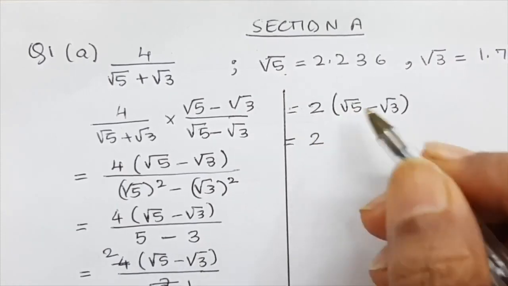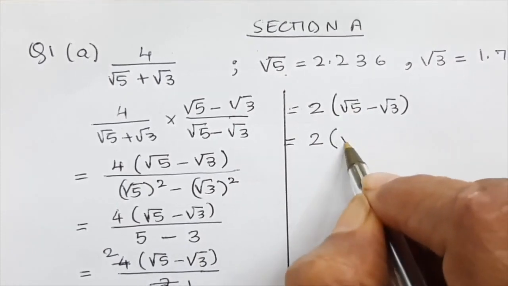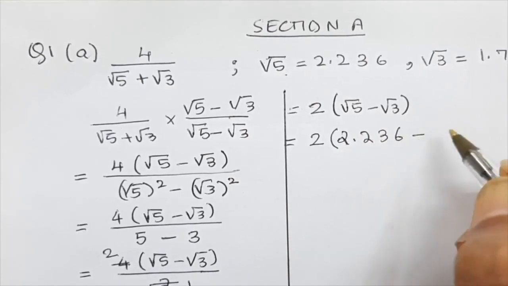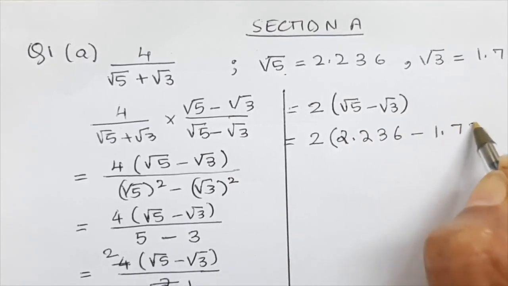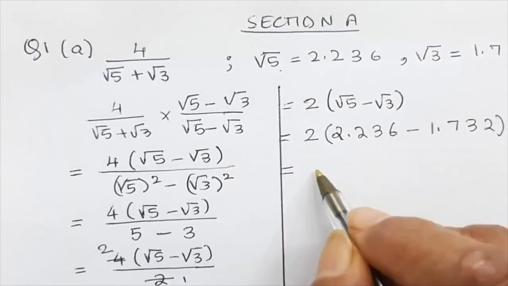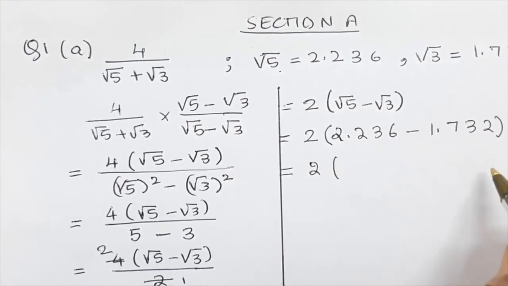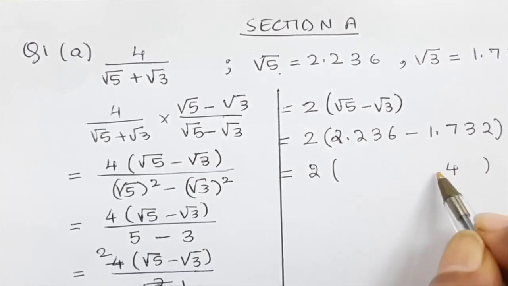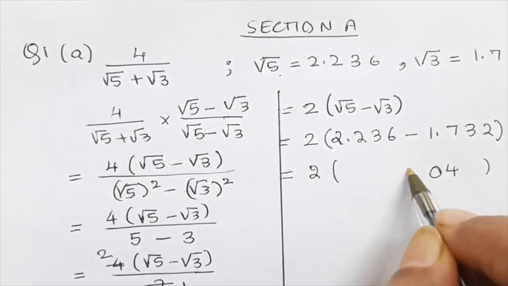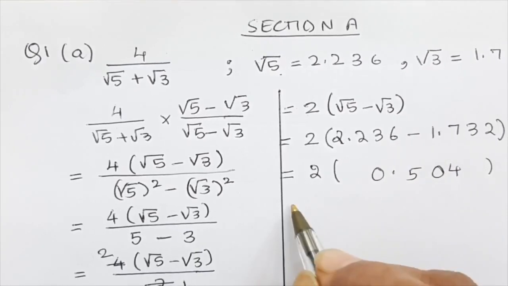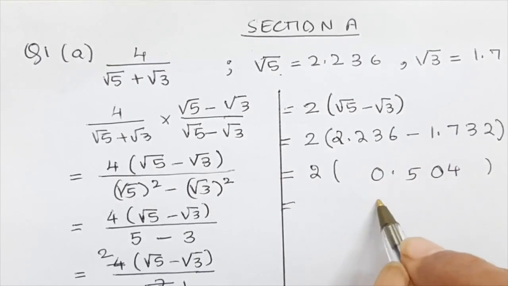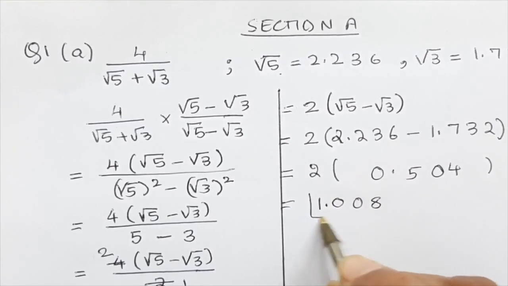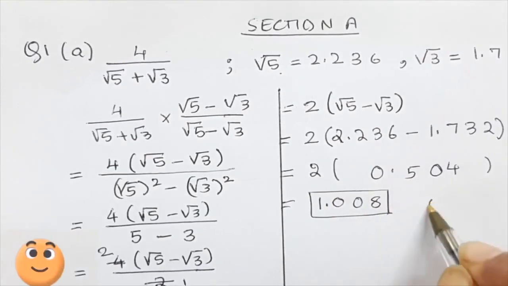So now we will have 2 into root 5 is 2.236 minus 1.732. So it becomes 2 into bracket 6 minus 2, that is 4, 3 minus 3, 0. And when we multiply by 2, this is our answer.